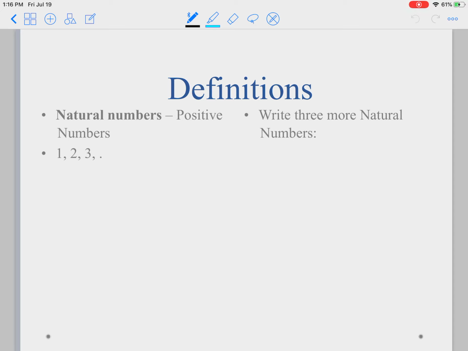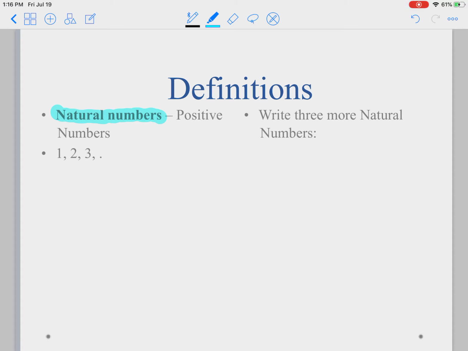So let's begin with definitions. Our first definition is going to be one of the classifications of real numbers, and that is going to be our natural numbers. Now, natural numbers are going to be the ones that we are very familiar with, and one of the first numbers or sets of numbers that we learn.